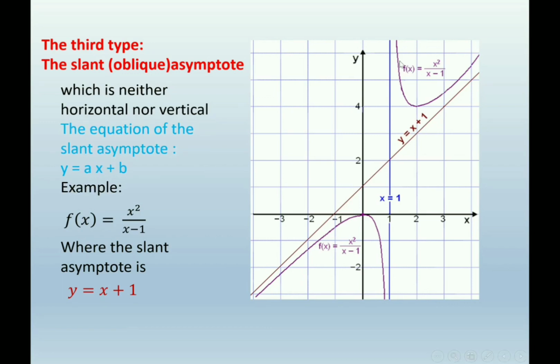But have a look, your curve never touches it. And in this graph, you can see that you always have a vertical asymptote at x equals 1. This vertical asymptote is clear here in the graph as x equals 1. Also, your curve doesn't touch it.